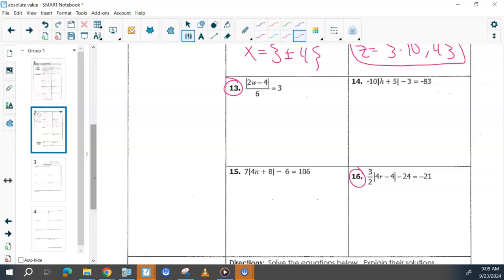So with 13, what would be our first step? Multiply both sides by 6. Get rid of this denominator so that those cancel. This stays in absolute value. And we get 18. And then what would we do from there?